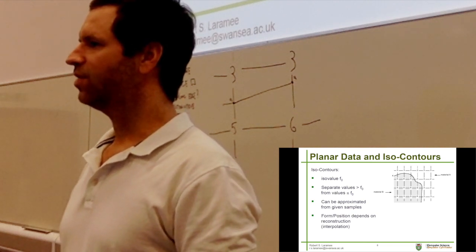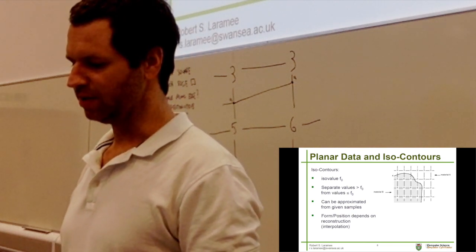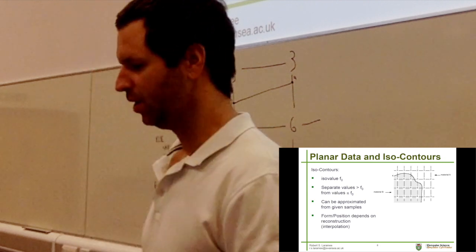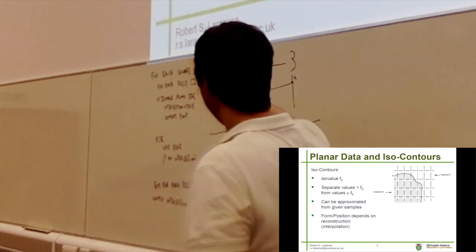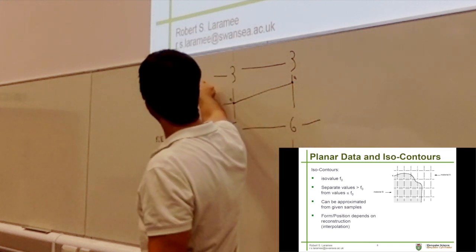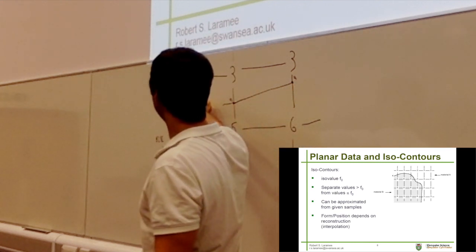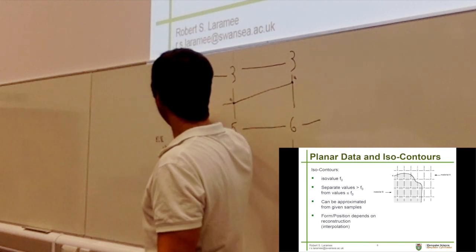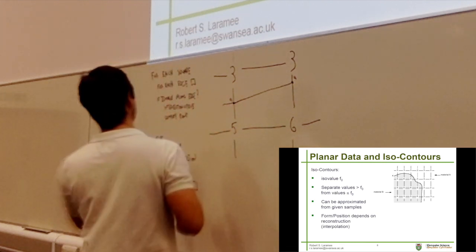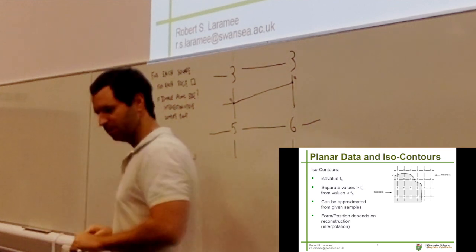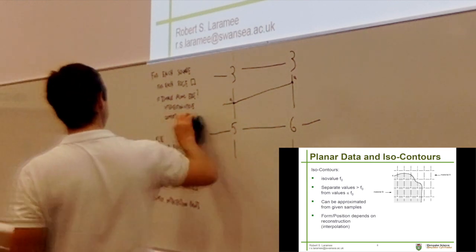Did that make sense? That is a summary of the ISO contours algorithm. For each square, for each edge, test each edge for an intersection. If the intersection is true, compute the intersection point. Really, this should say compute intersection point.